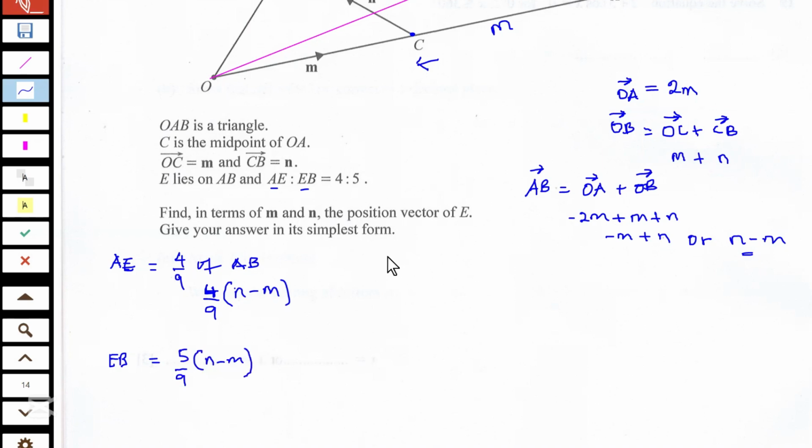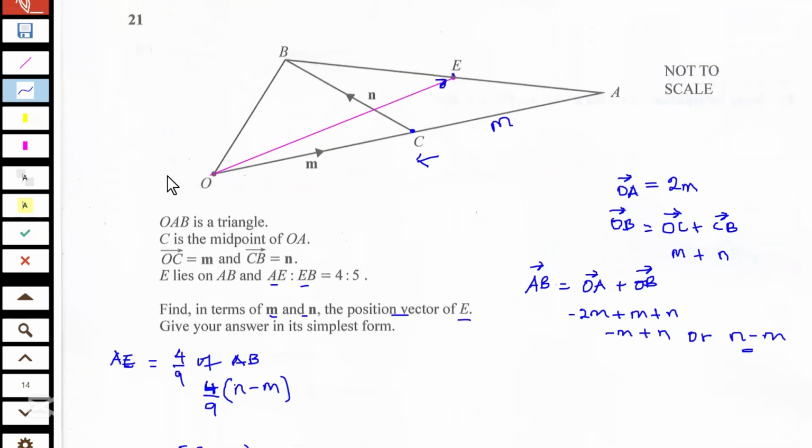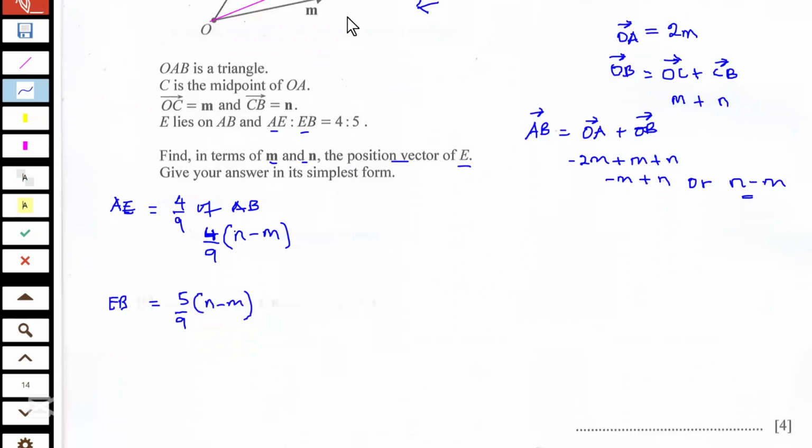Okay, now let's go back to the final question that says, find in terms of m and n the position vector of E. We're expected to find the position vector of E, which means vector OE. So vector OE will be equal to vector OA plus vector AE.